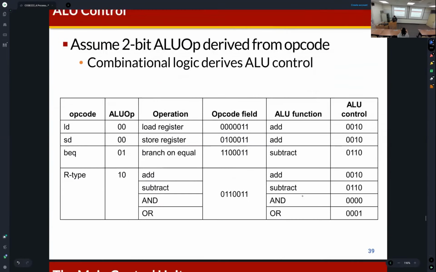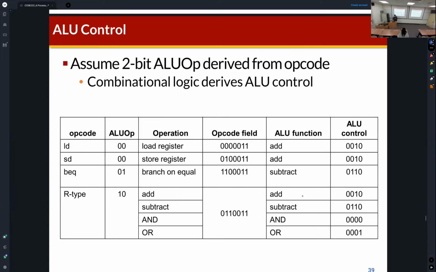But in this single cycle processor, the ALU control signals are decided in 2 steps. First, the control unit checks the OP code field of the instruction, and then decides the ALU OP signal, the ALU operation signal. This is a 2-bit signal, okay? This 2-bit ALU OP signal is determined by the category of instruction.